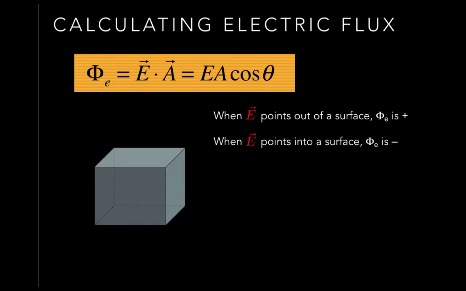So that means when the electric field is parallel to the normal vector, meaning it's pointing out like this, what sign is the flux? Positive. Okay? What about this? That would be negative. Okay? What about this? Positive.